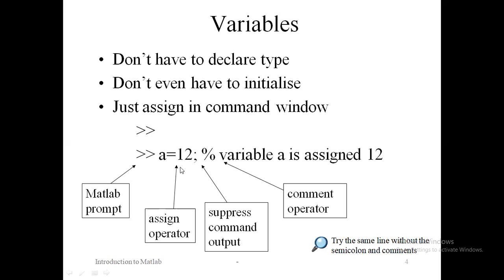In the command window, suppose you have a variable a to which you have assigned a value of 12. You simply write a equals 12 in the command window, and the variable a will be assigned the value 12. That starting symbol is known as the MATLAB prompt.